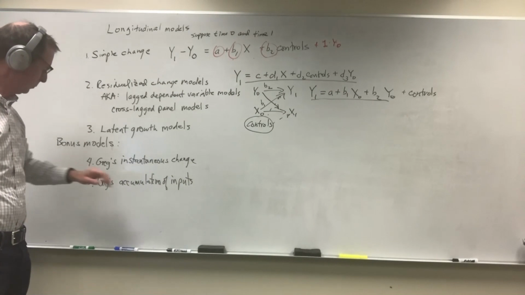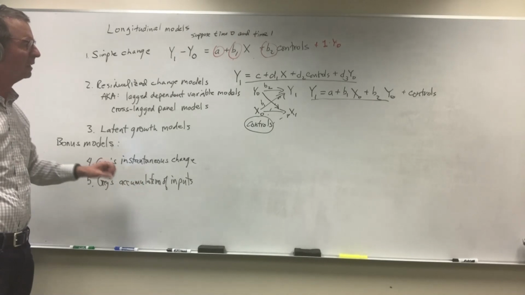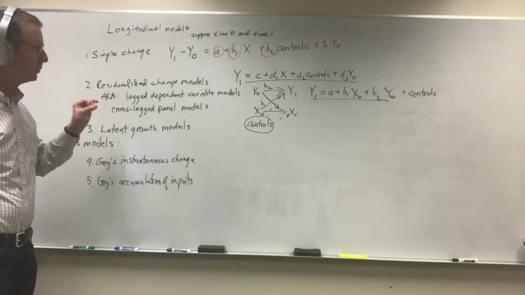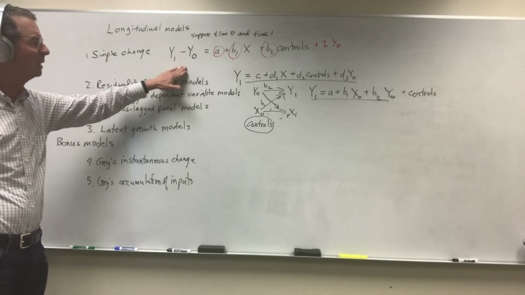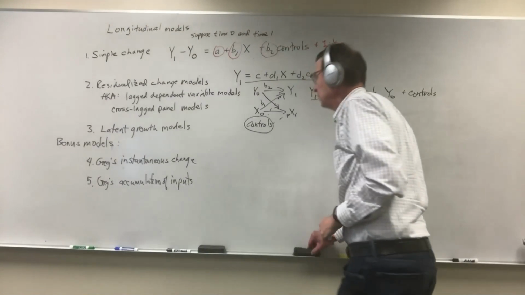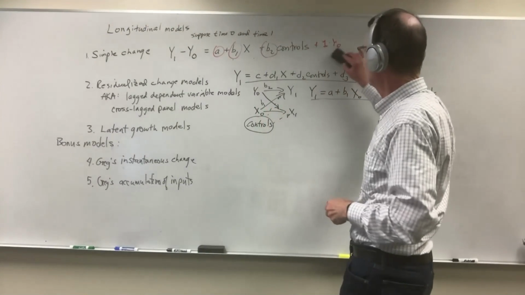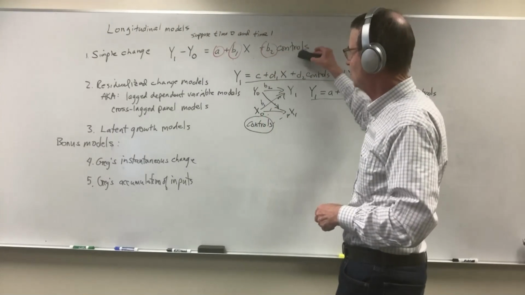But as we'll see when I talk about these models down here, there are conceptual models that would lead you to prefer simple change, and that would lead you to want to, if you do put y0 on the right-hand side, constrain the coefficient to 1, right? So I'm just going back to the simple change here.